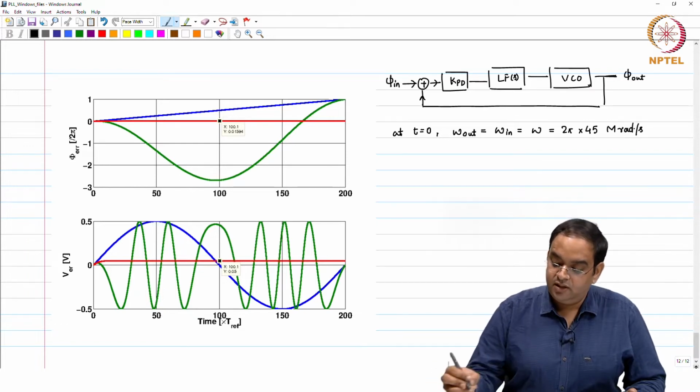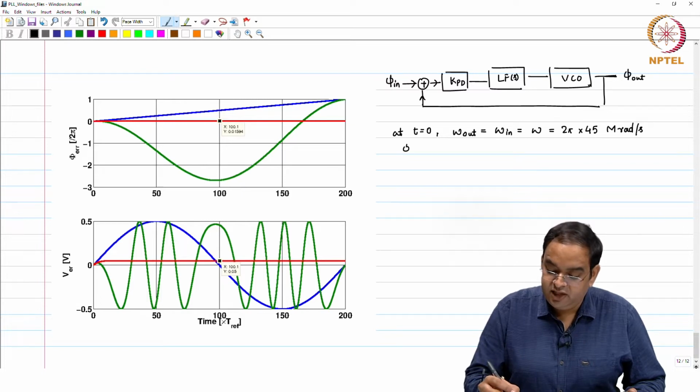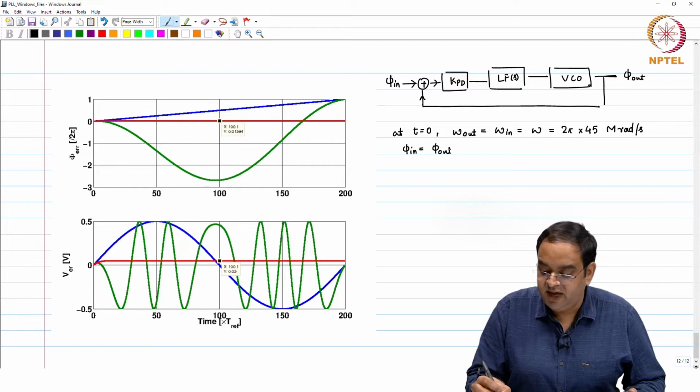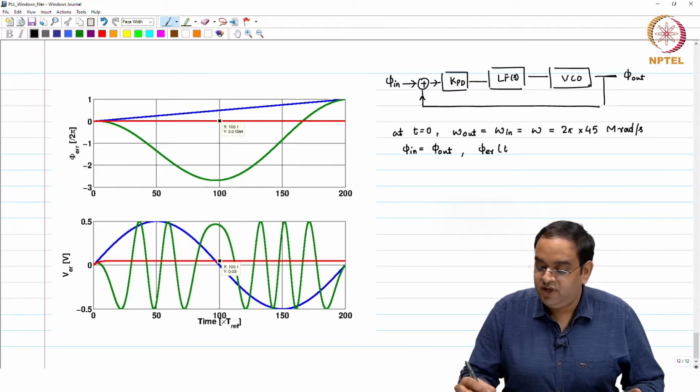Okay. There was no frequency error, even the input phase and the output phase, they were matched. The phase error at time t equal to 0 was 0.